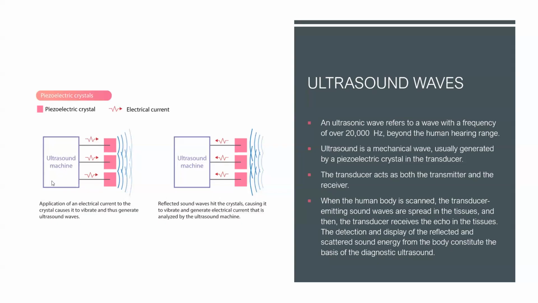These crystals are organized together so that when they vibrate, they produce ultrasound waves. And really, what causes them to vibrate is electrical current. Once they produce ultrasound waves, these waves react with tissue, reflect back, and are then analyzed by the ultrasound machine to provide an image.